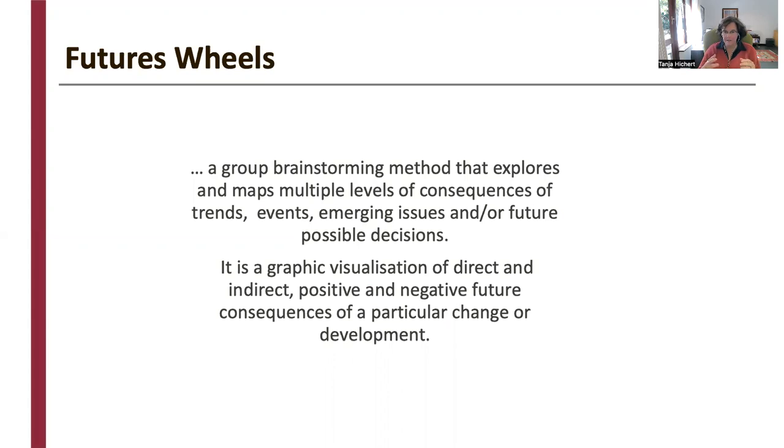So a clear example of using the future to take better decisions and make better choices today. It's a graphic visualization of direct and indirect, positive and negative future consequences of a particular change or development.